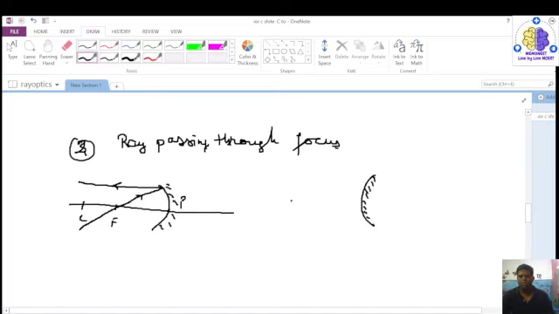Let this be the principal axis. This is the pole. Here would be somewhere center of curvature. This is focus. So if a light ray is incident in such a manner that it appears as if it is incident at the focus, right?